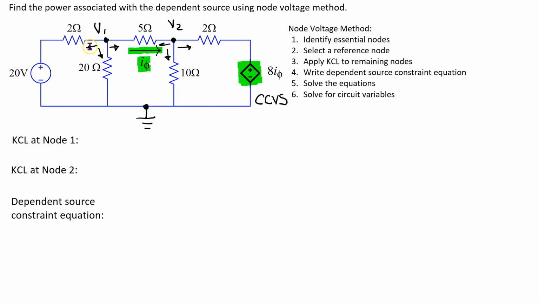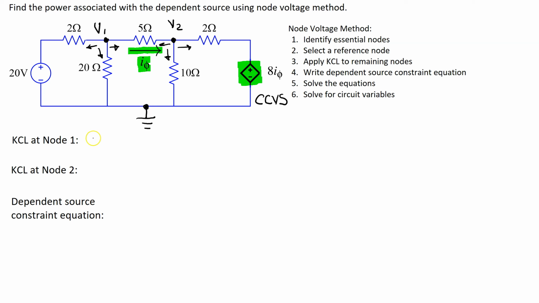First, looking at this branch current, we follow the direction of this branch current and apply Ohm's law to this resistor. So we have voltage on this side minus voltage on this side divided by resistance. The voltage at this side is 20 volts because we have the ideal independent voltage source directly connected between this point and ground in the circuit.